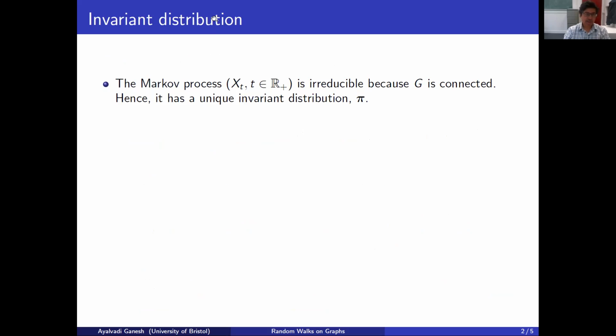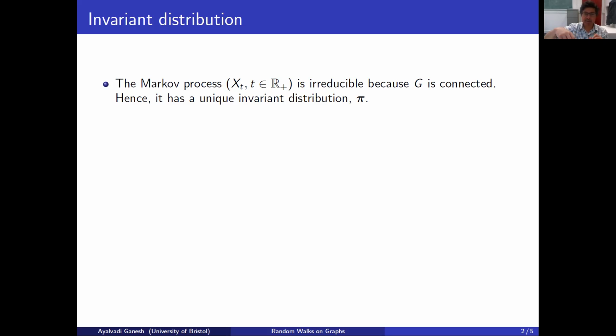Okay, so the first thing we might want to ask about this Markov process is what's its invariant distribution and how many does it have? Now, we assume that the graph is connected, and an immediate implication of this is that the random walk is irreducible. If the graph is connected, it's possible to go from any vertex to any other vertex. And the vertices are the states.